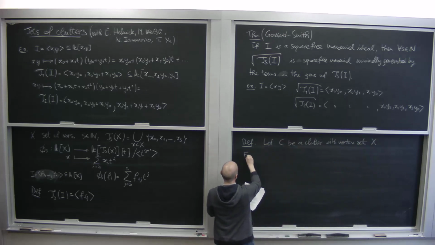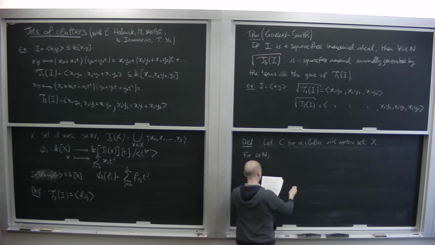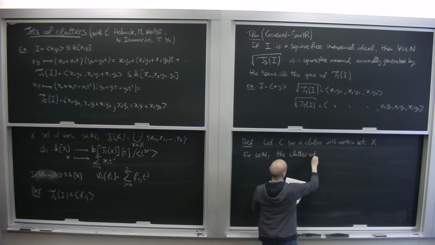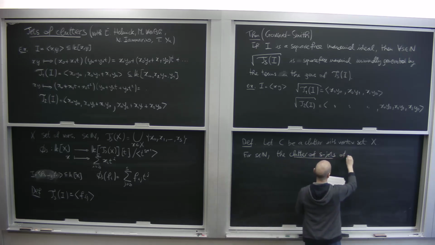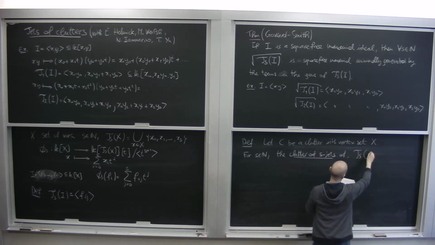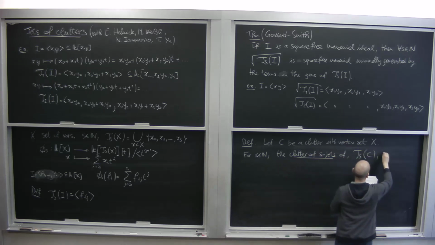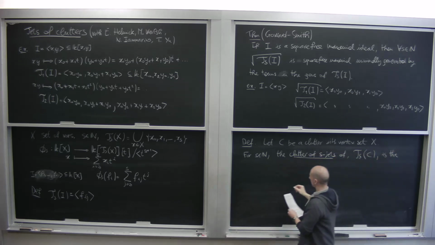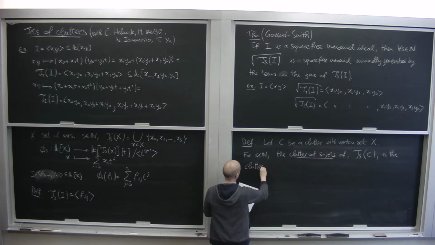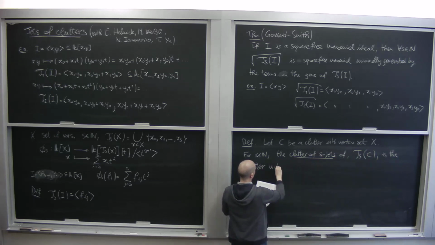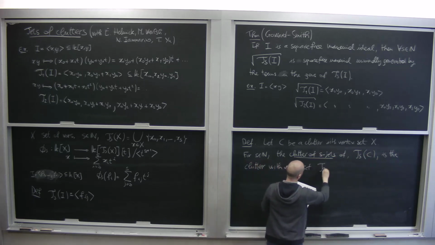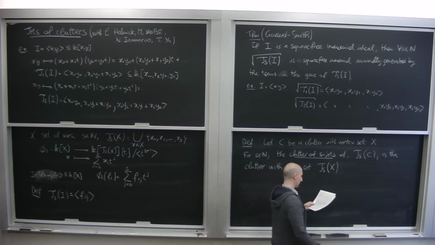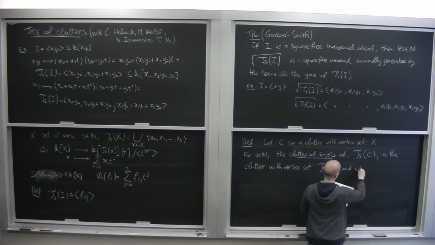And then for a natural number s, the clutter of s jets or order s jets of C, which we denote as JS of C, is the clutter, again, think simple hypergraph if you prefer, with vertex set given by all these new variables and edge ideal.